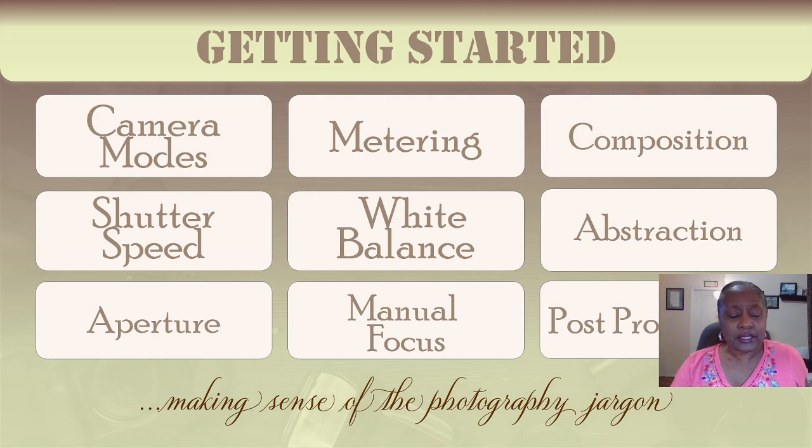Another important setting, as we talked about in the past, is white balance. Different white balances. And you can use white balance in a creative way, but also you want to make sure that you have the proper white balance for the situation. You don't want to have it too blown out or too dark, and then that's going to entail more post processing to get the image just the way you want it.